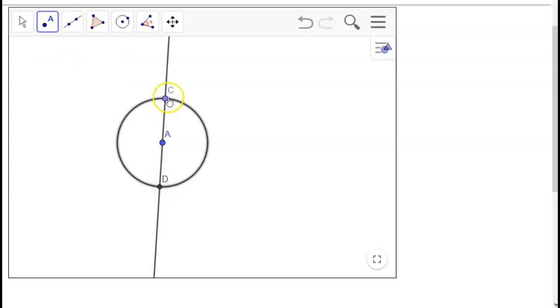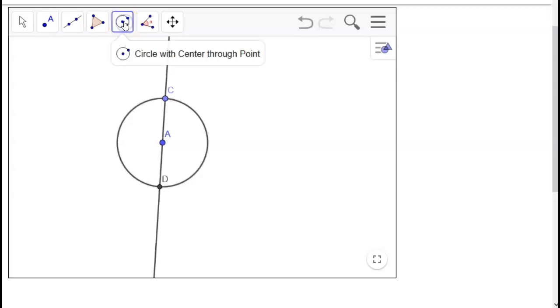So this right here is the diameter of the circle. That's going to be one diagonal of our square. We just have to figure out where the other one is going to go. We know that it's going to go through A. We have to figure out where those other two corners are, but we can't eyeball it, remember? We have to figure out where that 90 degrees is going to be.